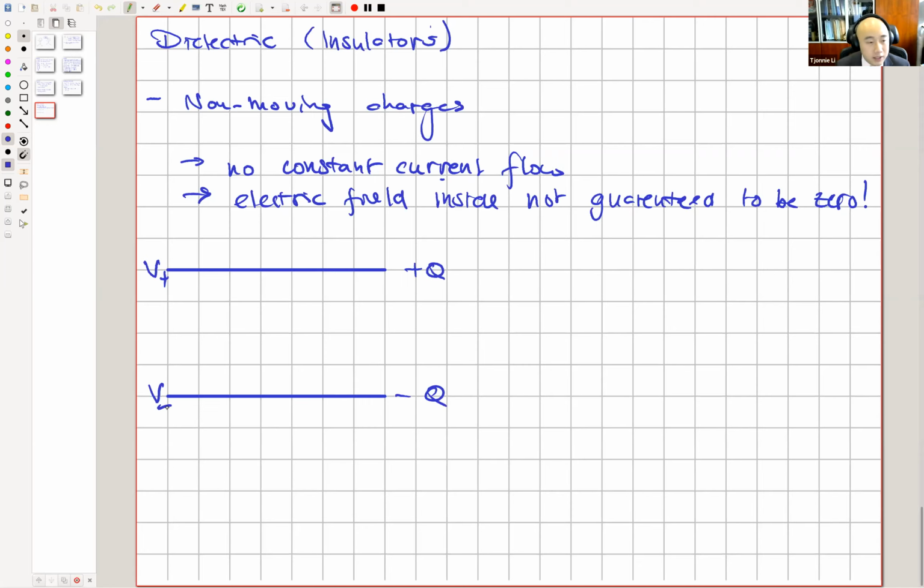Where V is now the scalar field, and so the complete V is just V plus minus V minus. And so we can define a capacitance by looking at the amount of Q divided by V.